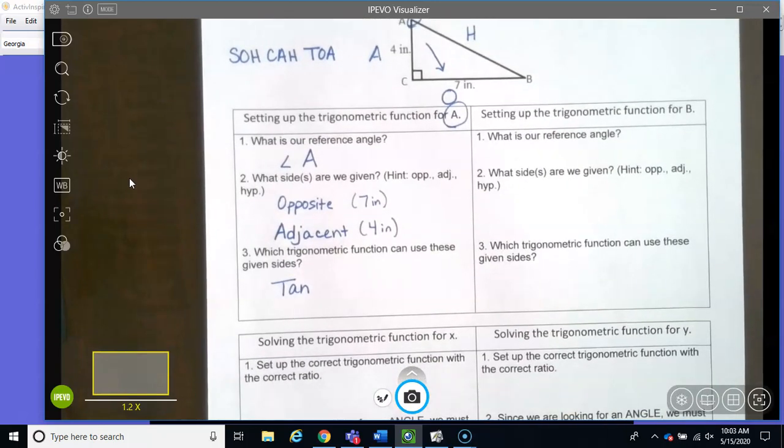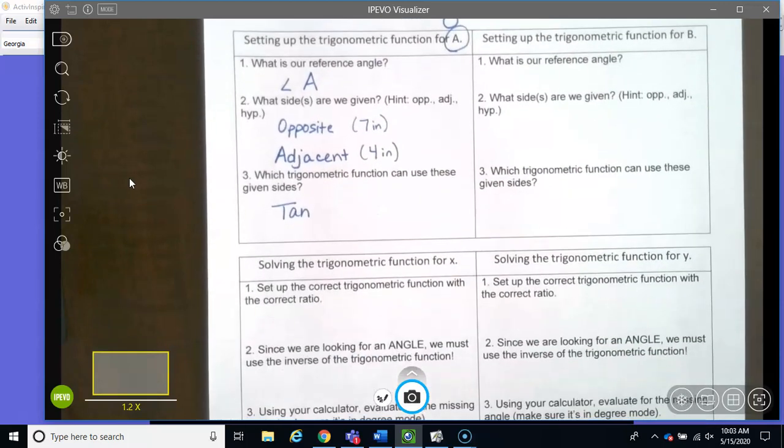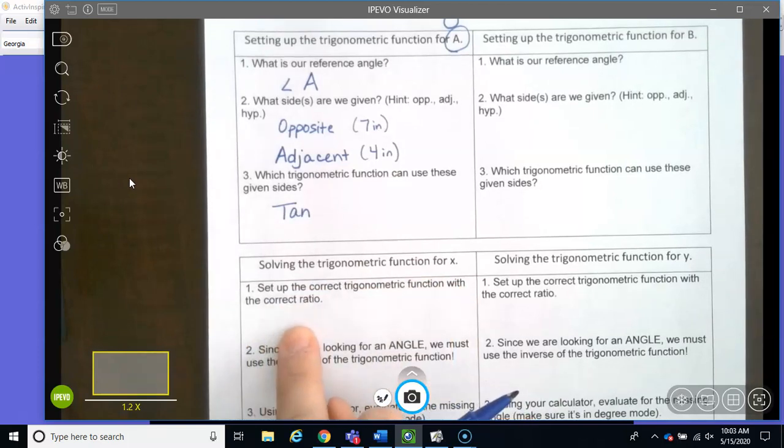All right. So now that we figured out which trigonometric function we have to use, then we're going to go ahead and set up our trigonometric function to be able to solve for that missing angle. So down here, we're going to try to solve for a function of x. So set up the correct trigonometric function with the correct ratio.